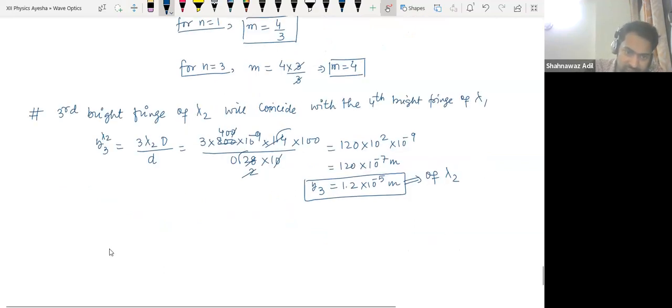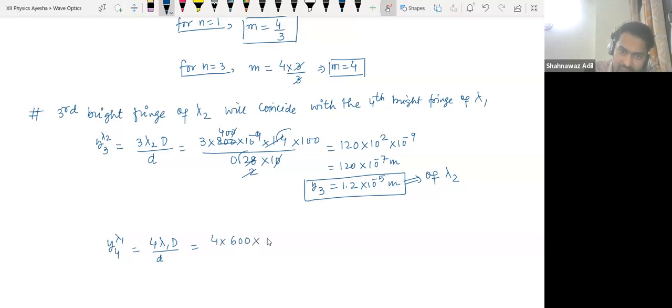And the fourth bright fringe of lambda 1, that would be how much? 4 lambda 1 D by d. So 4 lambda 1 is 600 into 10 to the power minus 9, 1.4 divided by 0.28. And then 28, and why did this 10 come here?